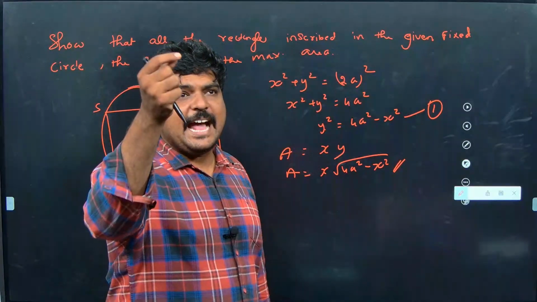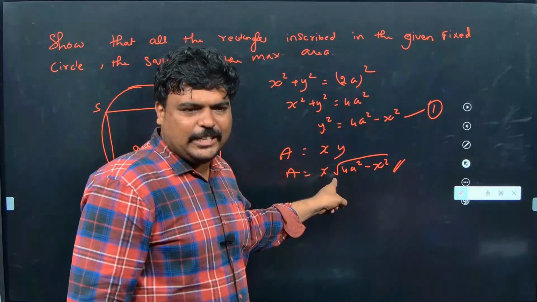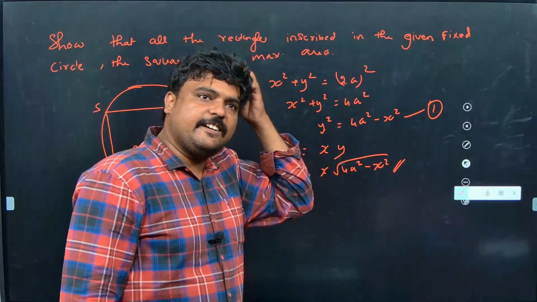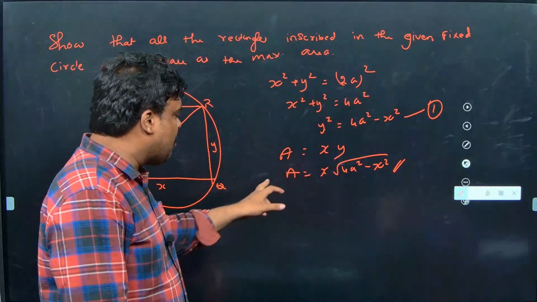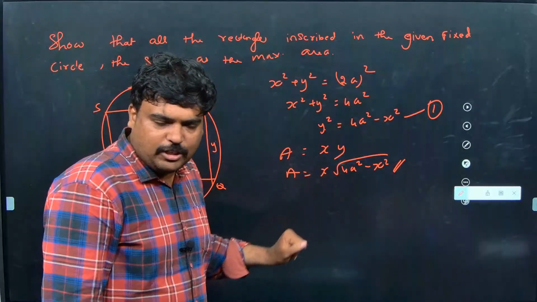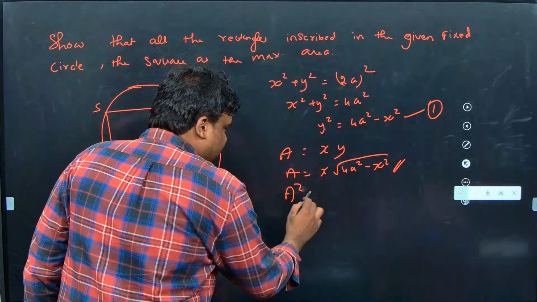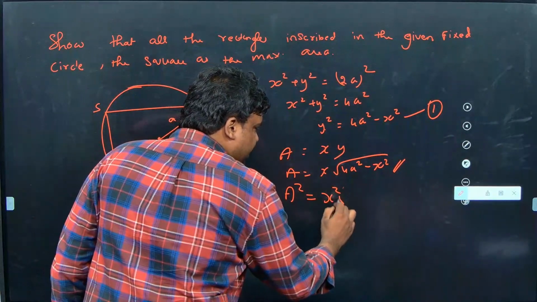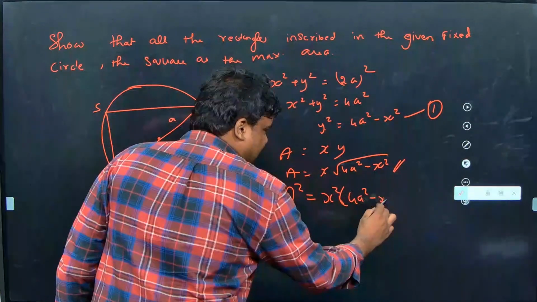Guys, if you are suffering to differentiate with the square root, I have a hack for you. You can square on both sides, so it will become a square is equal to x square into 4a square minus x square.